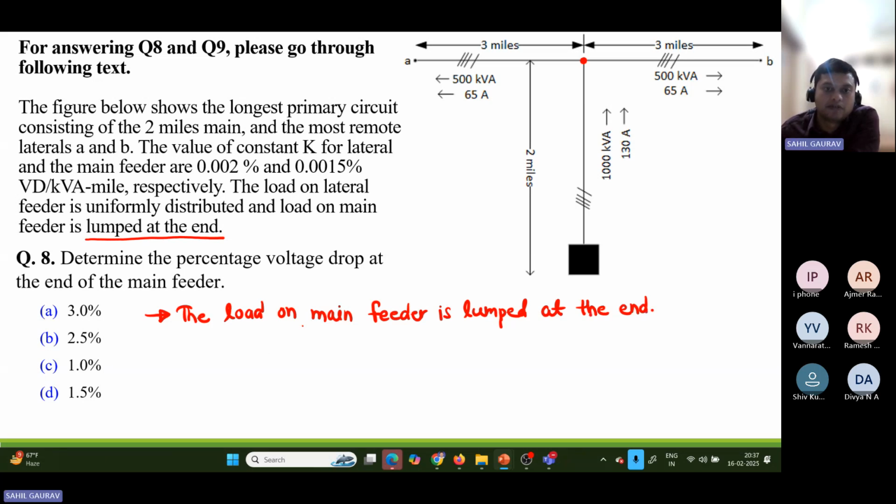It is a very simple problem, you can solve it in half a minute. So since the load on the main feeder is lumped at the end, this one is 2 miles long.